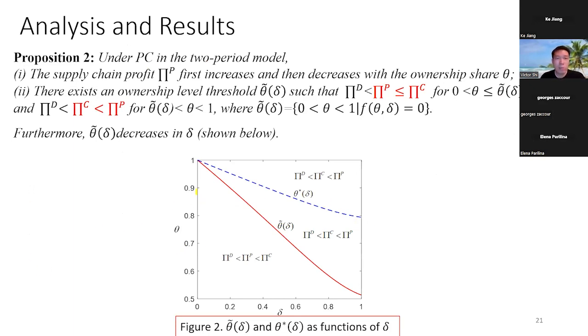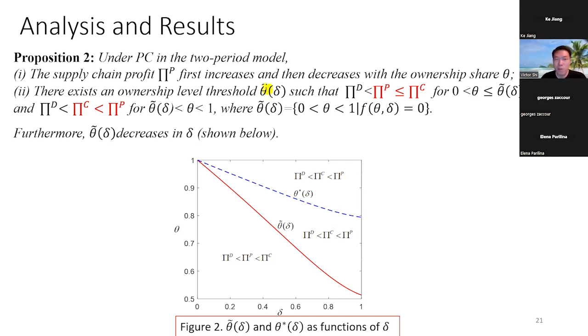The second result is a bit more important, more interesting. On the PC, the supply chain profit first increases and then decreases with ownership share. That means there's a threshold. There exists an ownership level threshold, theta tilde, whatever you want to call it.